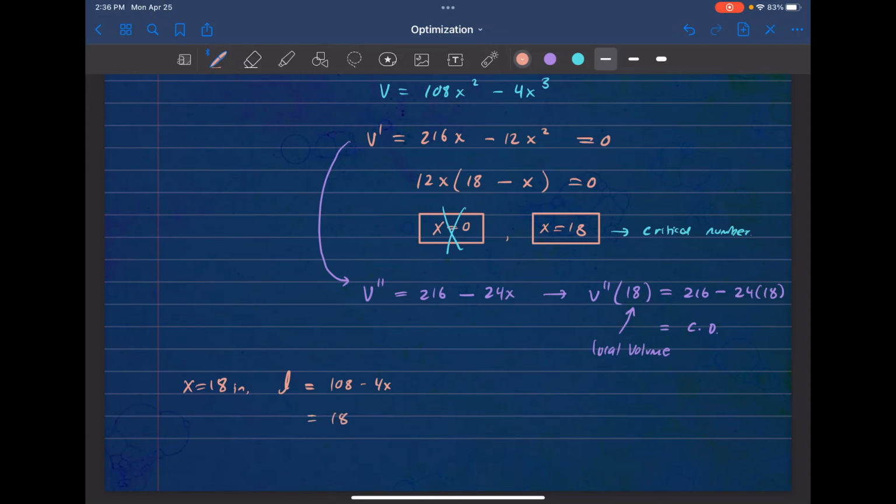So 108 minus 4 times 18, and that would give you 108 minus 72, which is 36. Let's call it inches. So the square end has to be 18 by 18, and the length is 36. That will be the box that, with these dimensions, will have the maximum volume. All right, so I hope this makes sense.